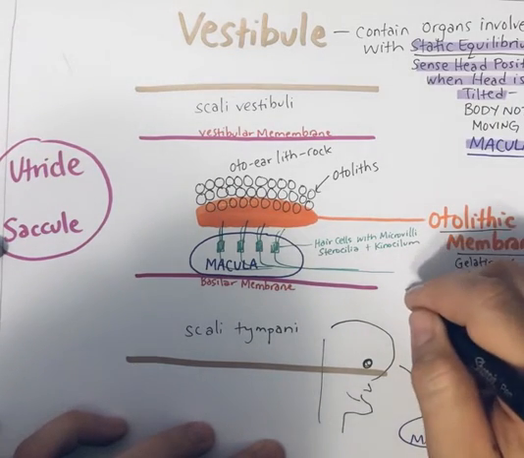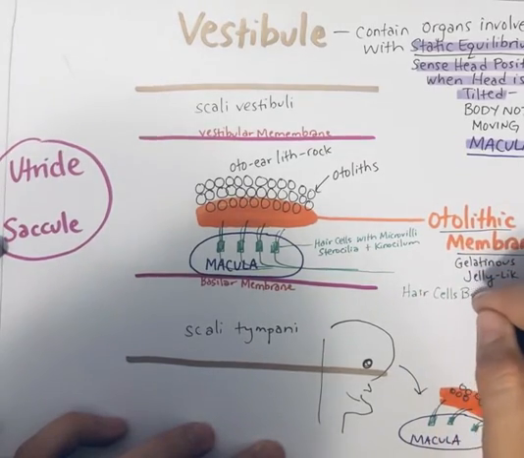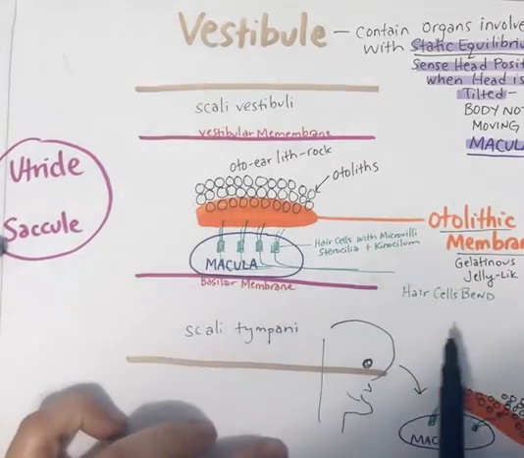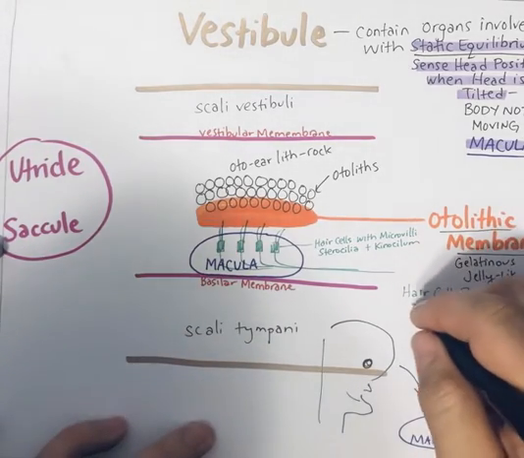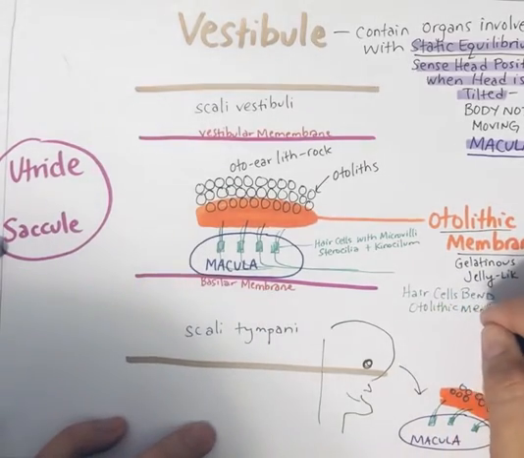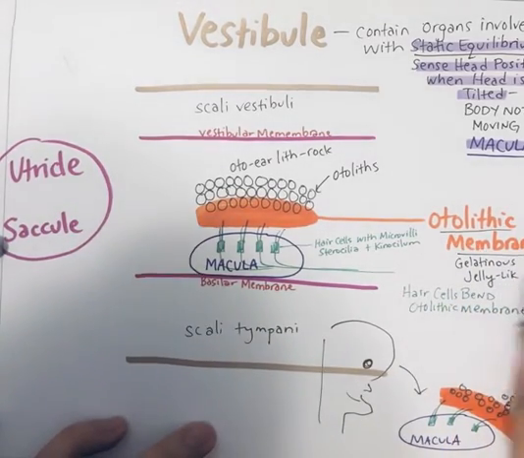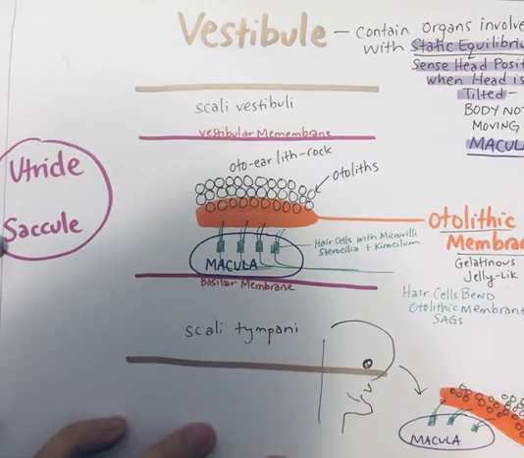So when the hair cells bend, the only way that the hair cells can bend is if the otolithic membrane sags and pulls the hair cells.